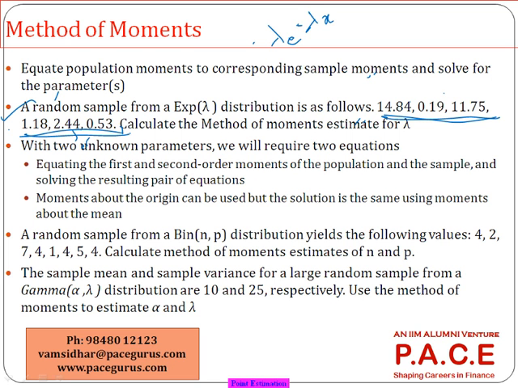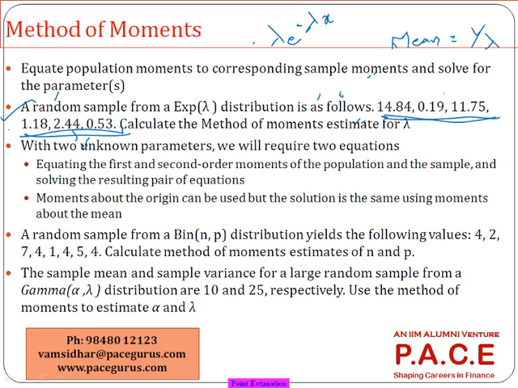What could be the value of lambda if the sample observations are like this? For an exponential distribution, the mean is equal to 1 by lambda.